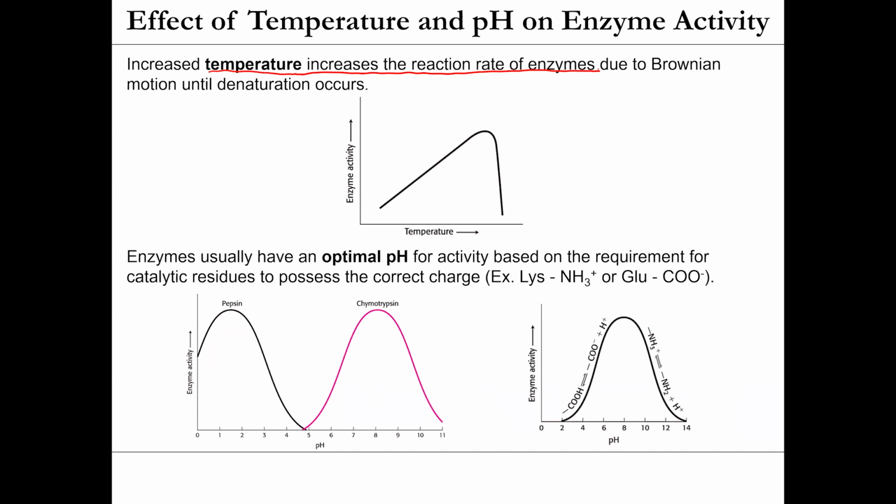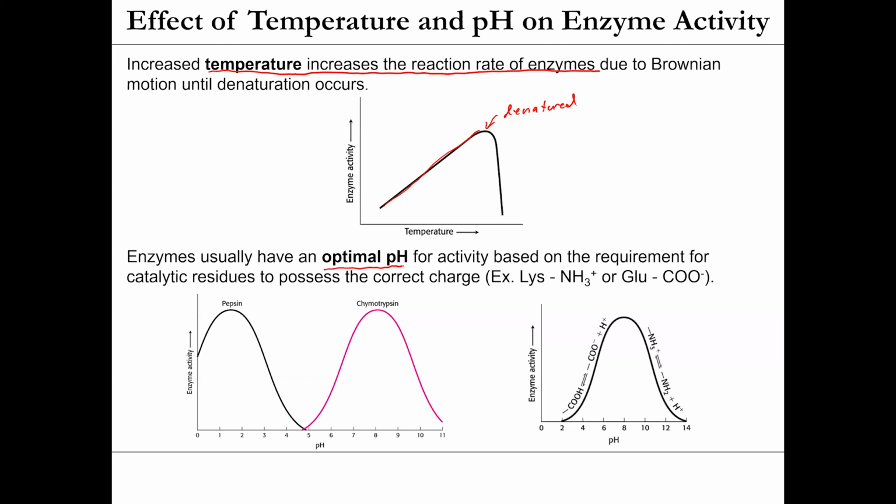And this is due to Brownian motion, where the enzyme and the molecules surrounding it are going to have a higher excitability in solution due to the increased Brownian motion at higher temperatures. And this increase is going to occur until basically the enzyme starts to become denatured, and then activity is obviously just going to drop off because it's no longer folded.